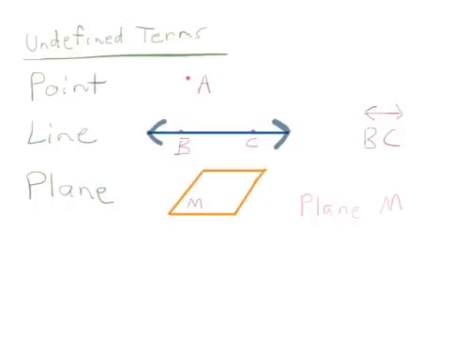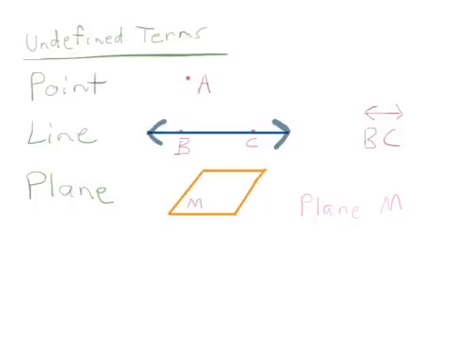So the first term, the first undefined term, is what we call a point. I'm pretty sure you're all familiar with a point, but it's basically just a dot. So you see a dot right here. This would be a point. Now, we can represent points with capital letters.